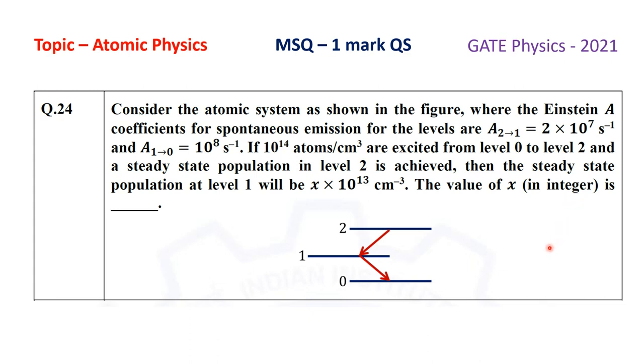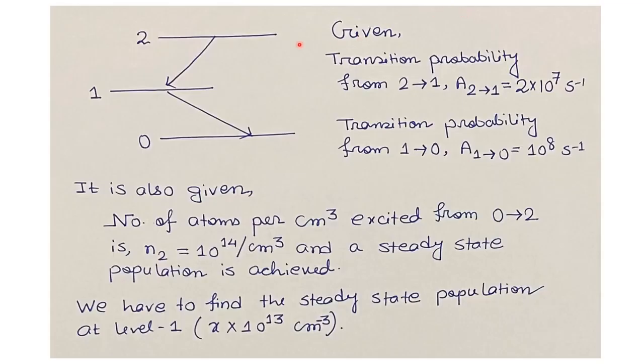So let us see how to solve this problem. According to the question, we have to deal with the 3-level laser system. Some information is given. The transition probability from the energy level 2 to 1 is given by A21 equals 2 into 10 to the power 7 second inverse. The transition probability from the energy level 1 to the energy level 0 is A10, that is 10 to the power 8 second inverse.